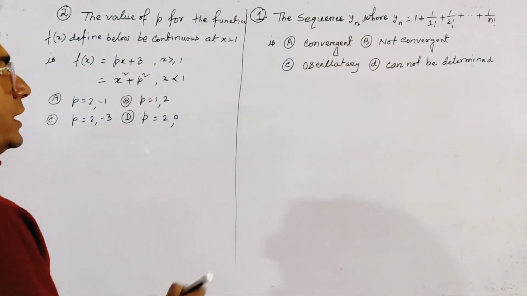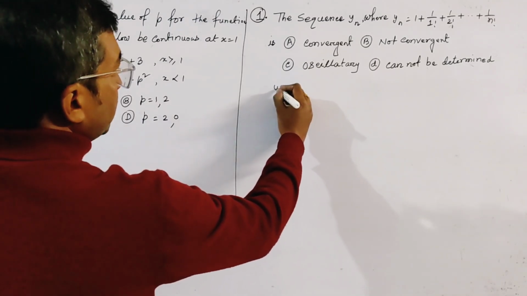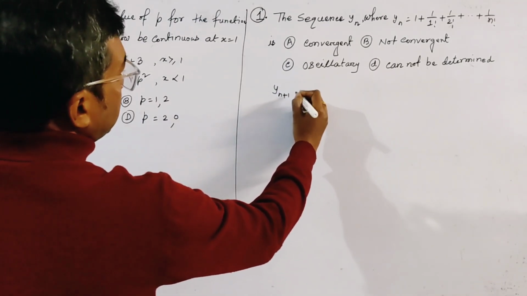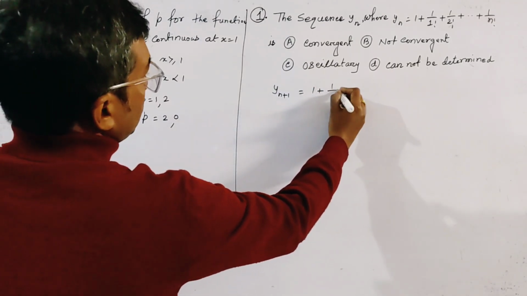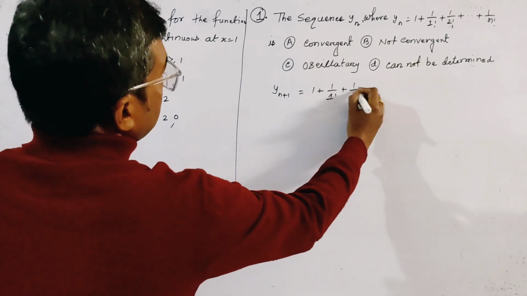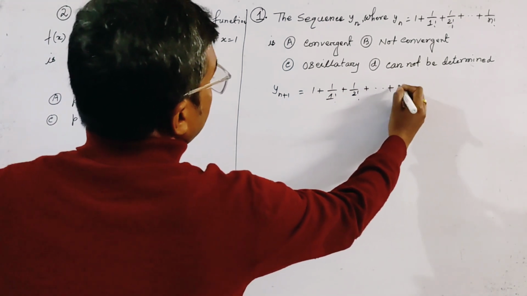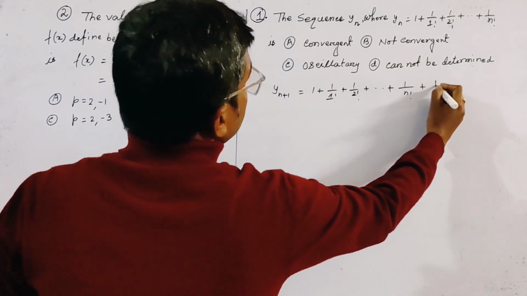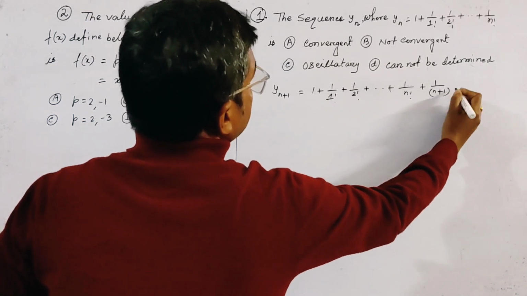It is clear that if we find yn plus 1, then this is 1 plus 1 by 1 factorial plus 1 by 2 factorial up to 1 by n factorial plus 1 by n plus 1 factorial.